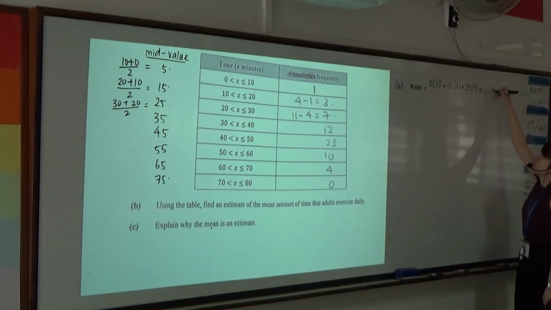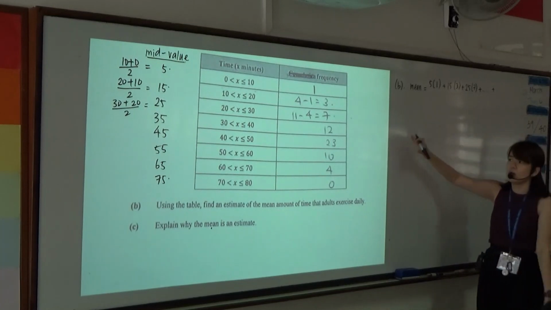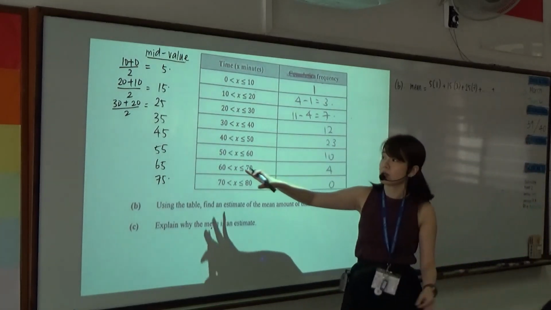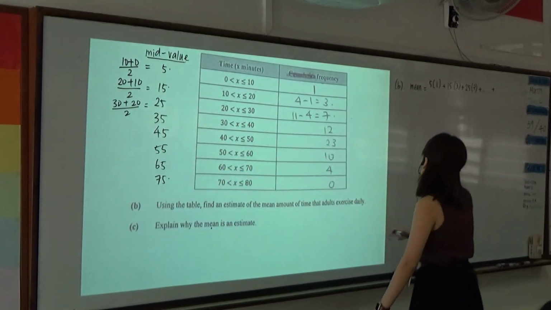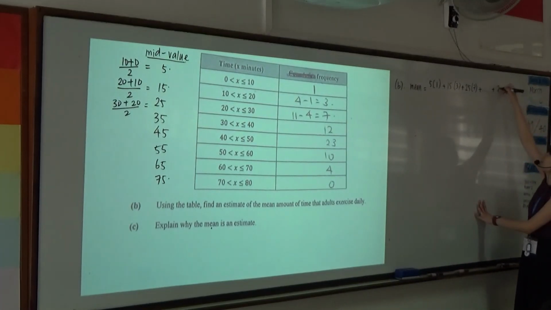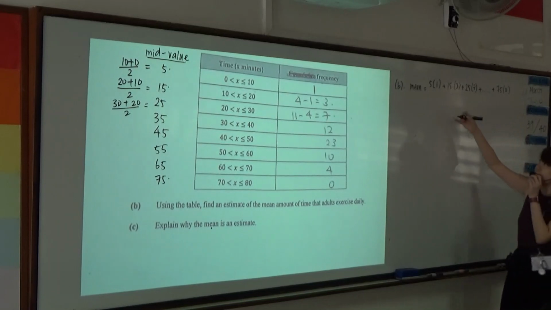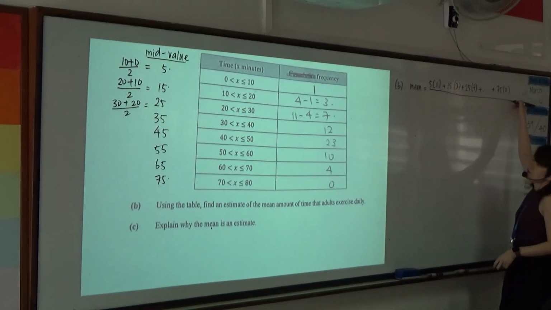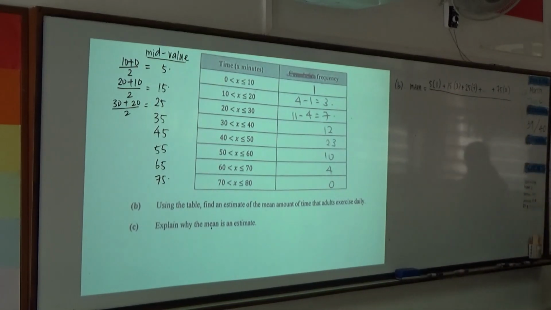You can plus dot dot dot in your working, but in the end when you press your calculator, make sure you press correctly, all the way to the last one, which is 75 minutes for 0 people, out of a total of 60 people.